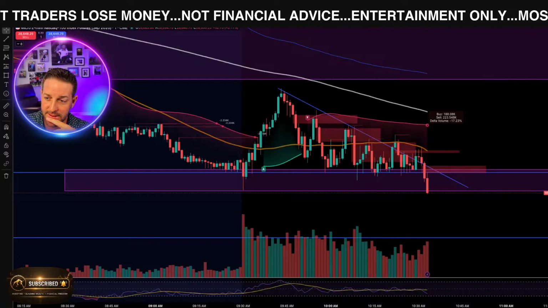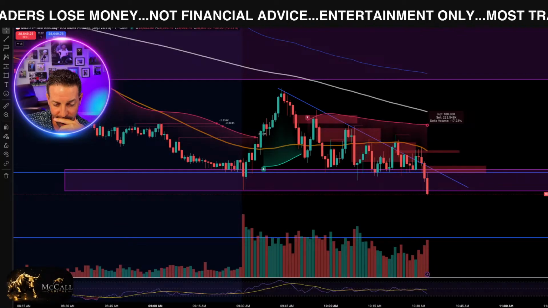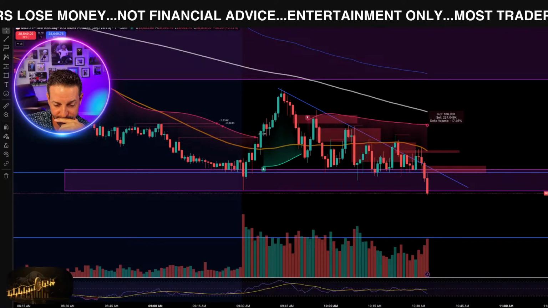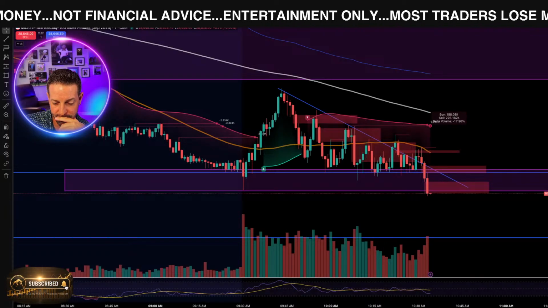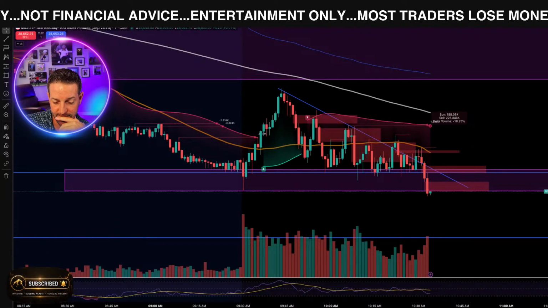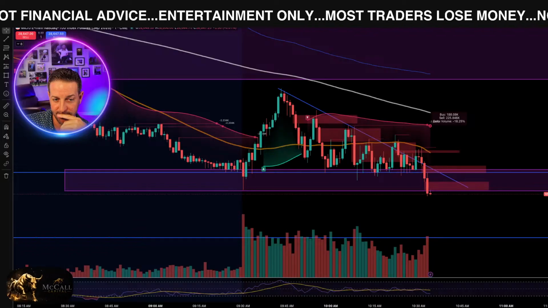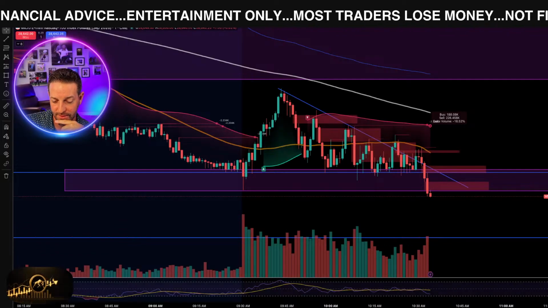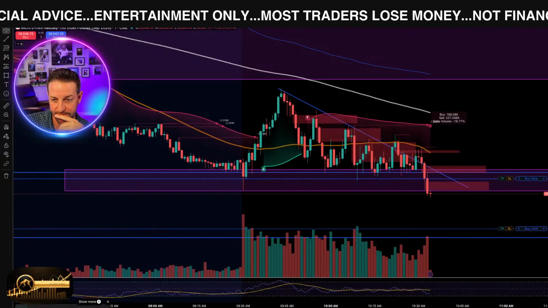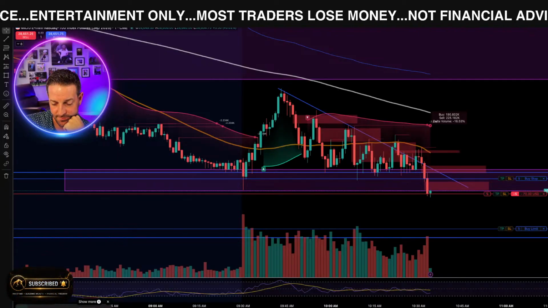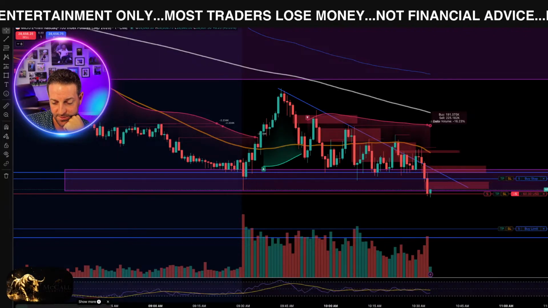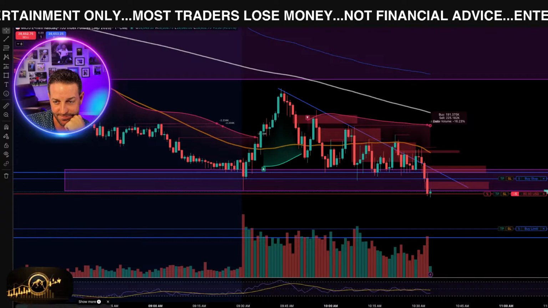All right, there's the acceleration right there. All right. I think that's the signal right there. That's a 5 short. No, is it going to pop right back up?